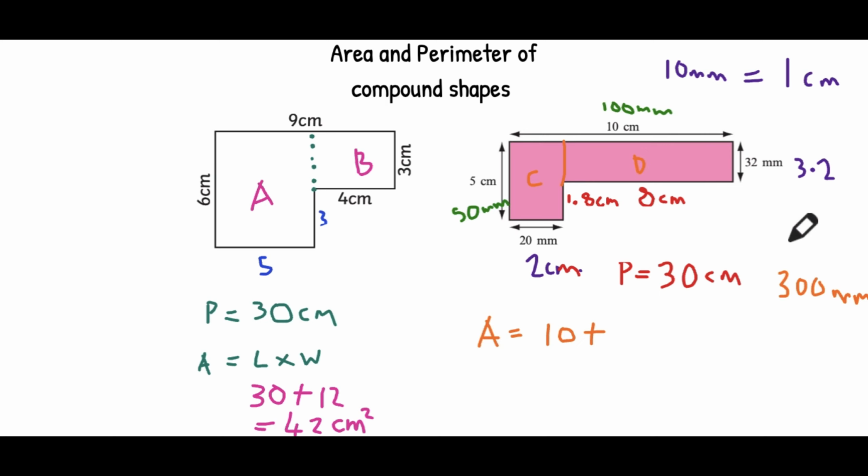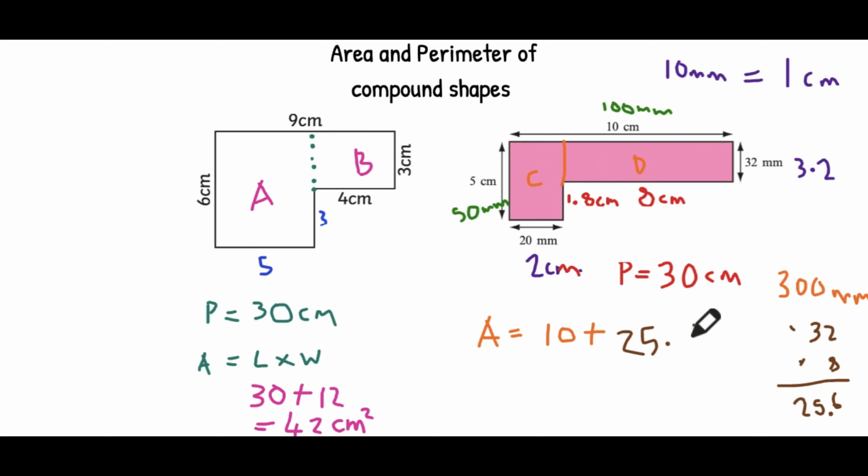You can even say 32 times 8, then you put your decimal point after you've multiplied. 8 times 2 is 16. 8 times 3 is 24, plus 1, 25. Then we put our 1 decimal place, so that's 25.6.